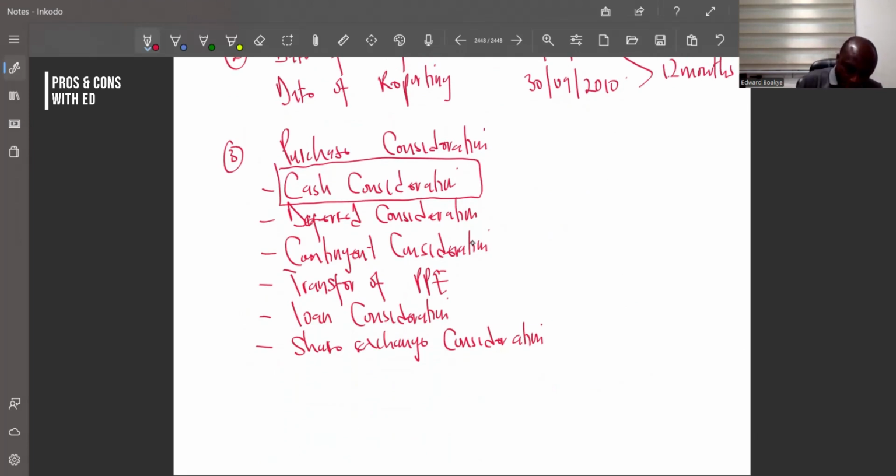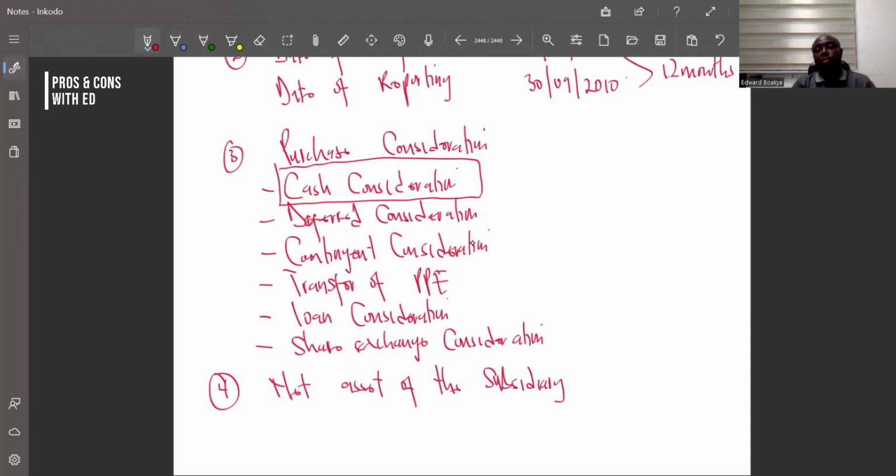So aside from our purchase consideration, we will have what we call net asset of the subsidiary. In talking about net asset of the subsidiary, because we are going to purchase a company, we want to know their net asset that we are going to purchase.